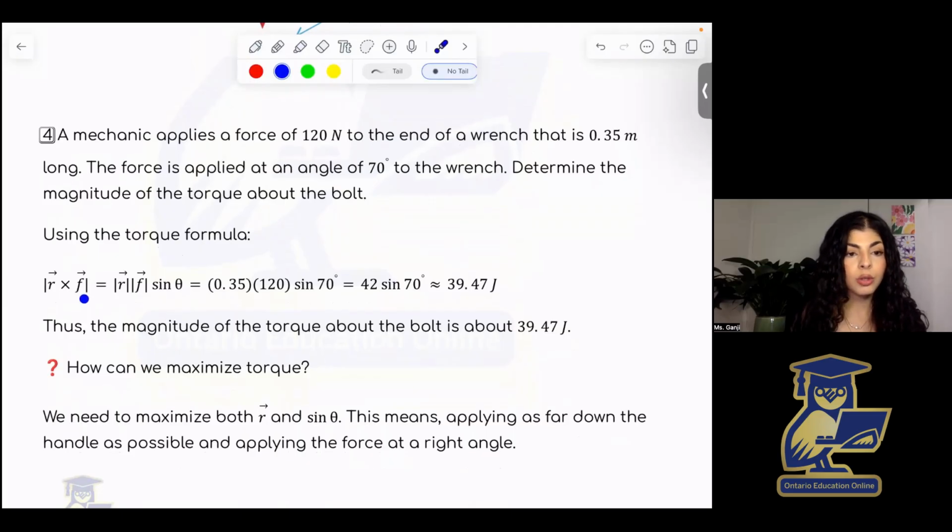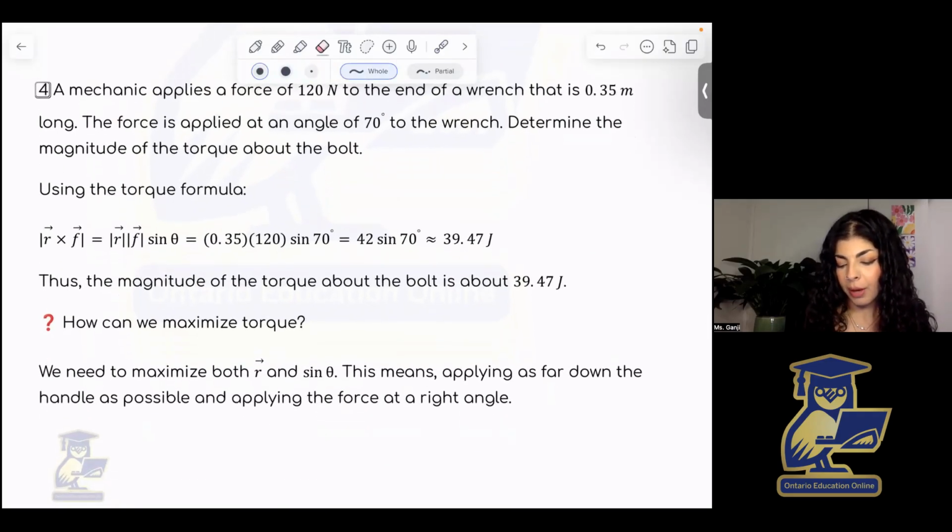So we take the magnitude of the cross product of r and F. So the magnitude of r is the radius, which was 0.35 meters, and the magnitude of the force is 120 newtons. And we have sine of the angle, which is 70 degrees. So if you evaluate this, we get 42 times sine of 70 degrees, and this is approximately 39.47 joules. And so we say the magnitude of the torque about the bolt is about 39.47 joules.